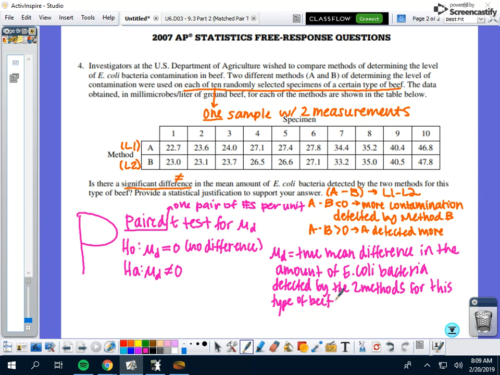Okay, and then I'm going to put in parentheses that we did method A minus method B. It's very important that you show that.